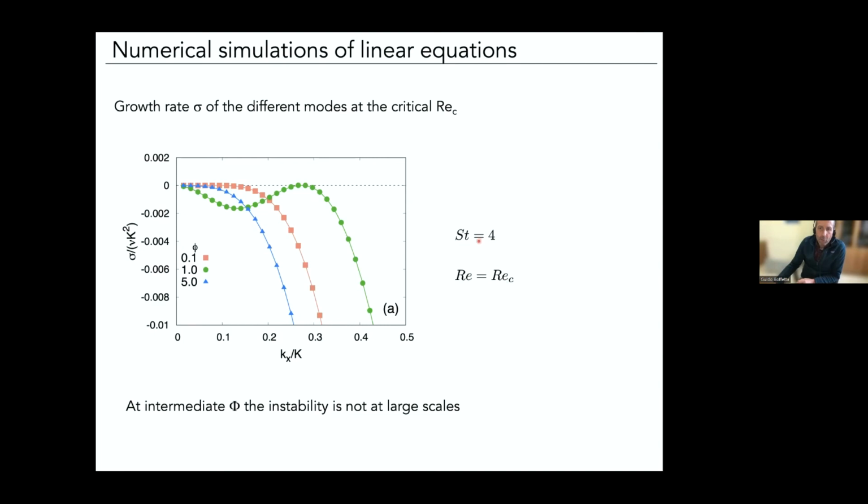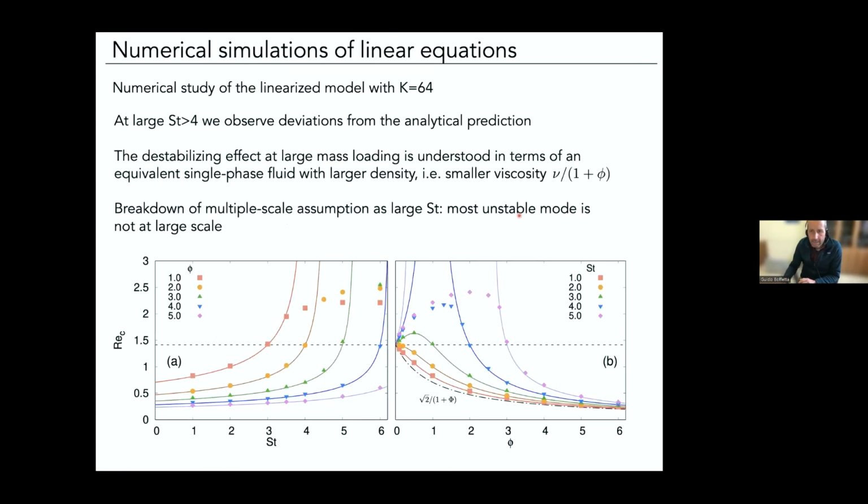So you see that for Stokes equal 4, if the volume fraction is very small, which are the red points, or very large, which are the blue points, the most unstable mode is the larger scale mode. So in this case, the assumption of scale separation between perturbation and basic flow is satisfied. So we may expect that the multiple scale analysis works, and indeed this is the case because we are here and here.